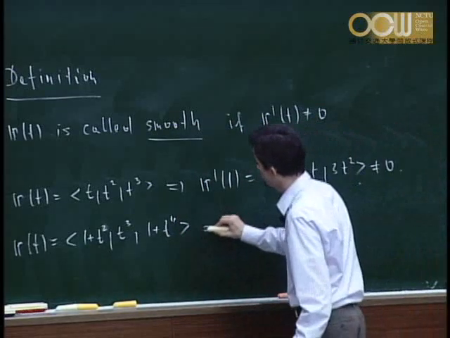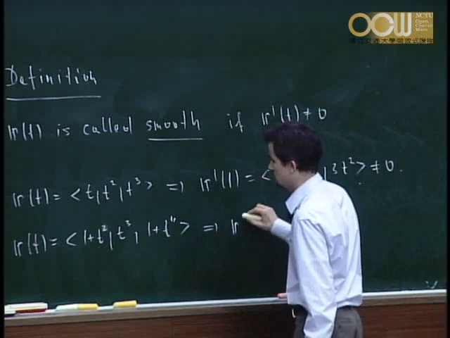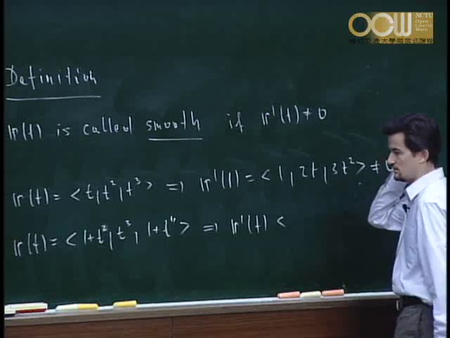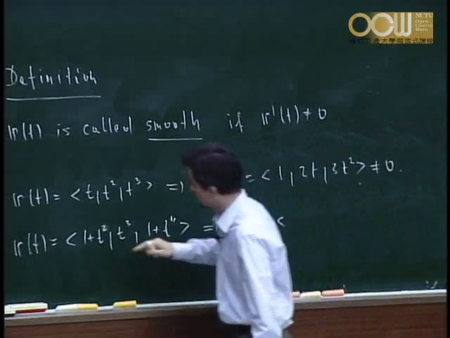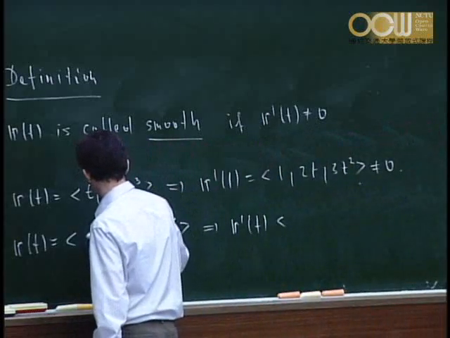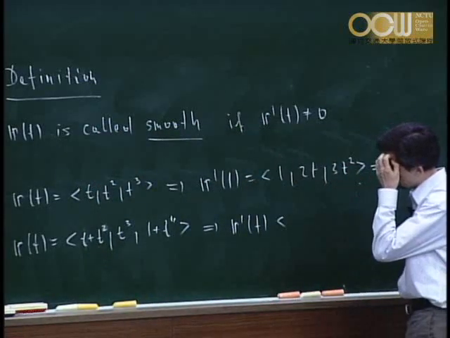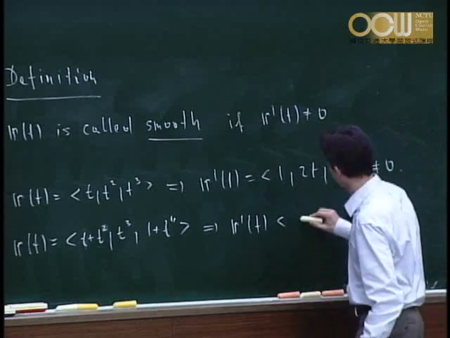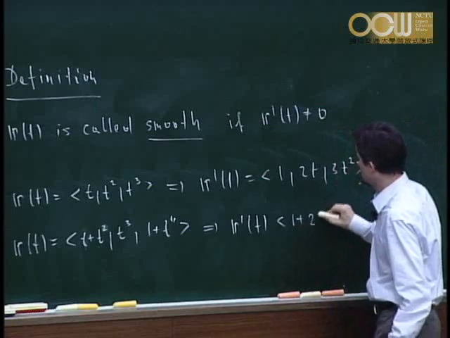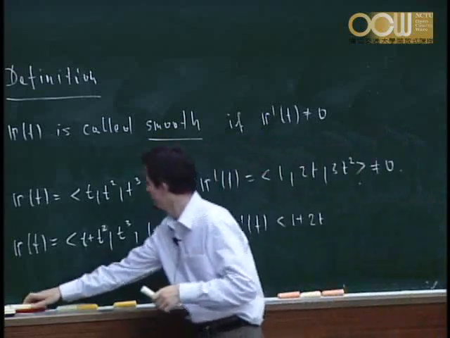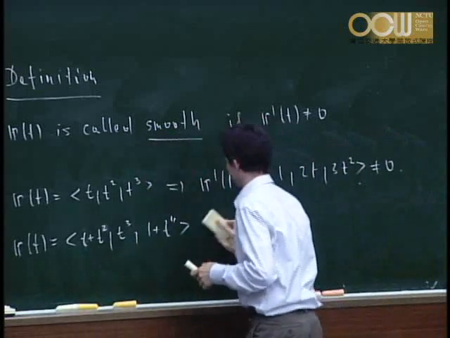And if you take the derivatives, actually this is not good, because let's say here we have a t. Then we have 1 plus 2t. Also, this will not be good enough to make it smooth. Wait, I have to check which example.